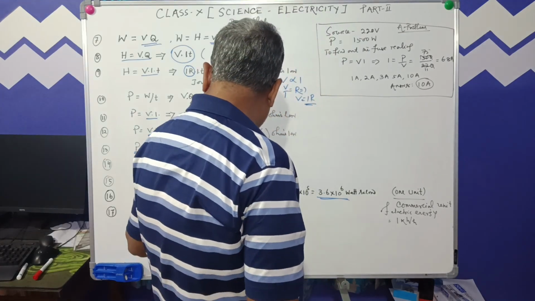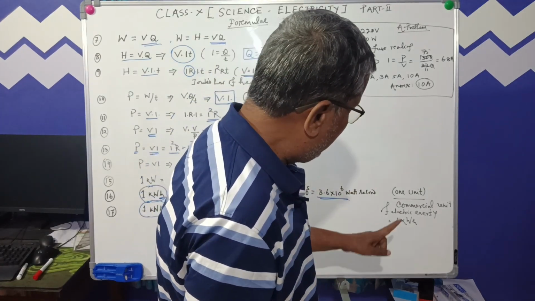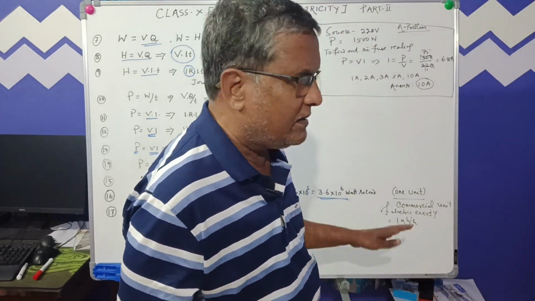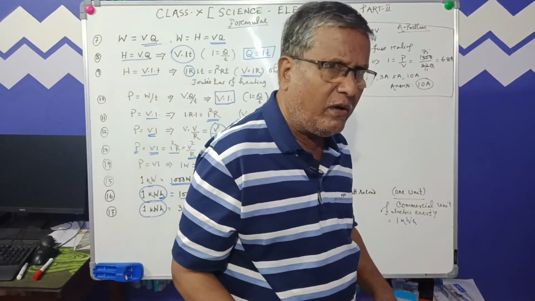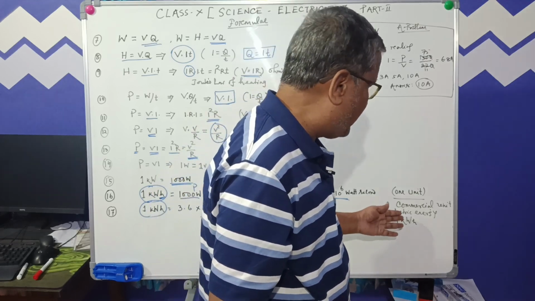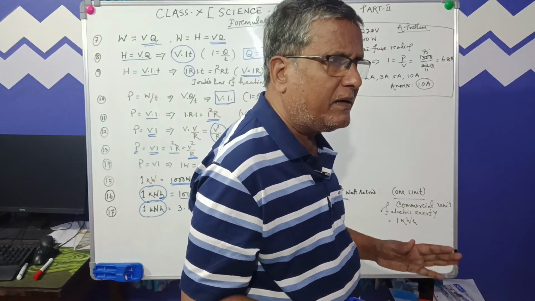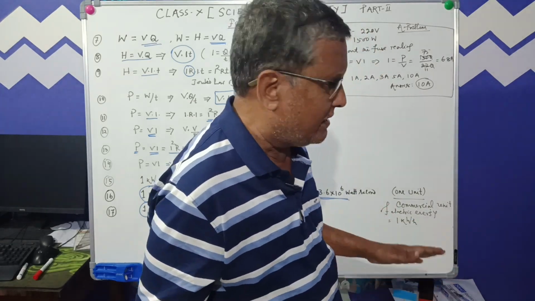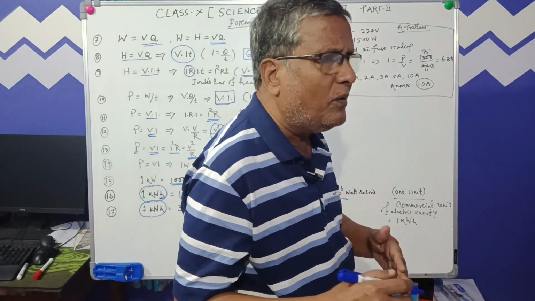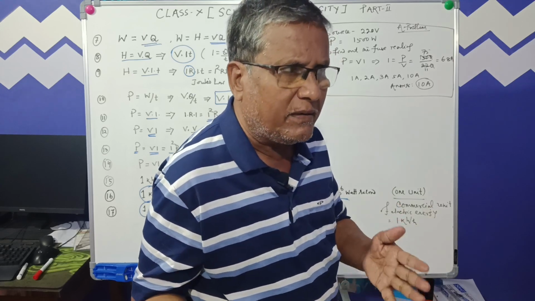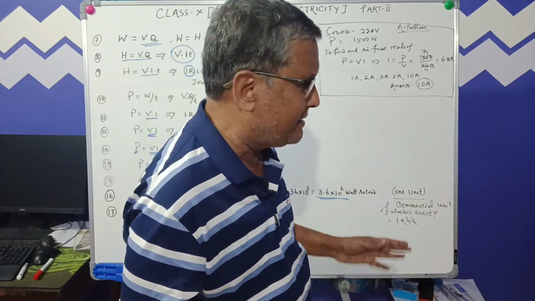That is the energy. You see, 1 commercial unit is what we purchase from the electricity board or electricity supply agency for our payment. And there is a confusion that some students say we purchase current, some say we purchase potential difference, voltage.